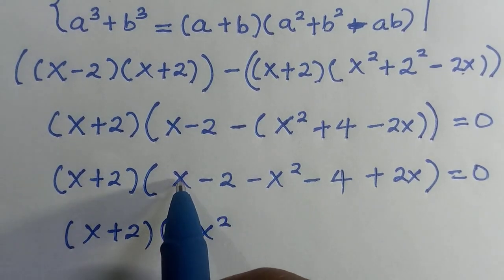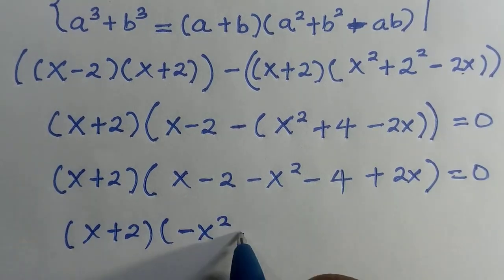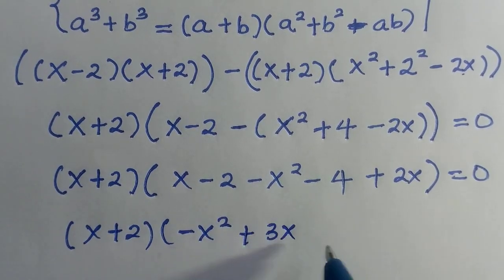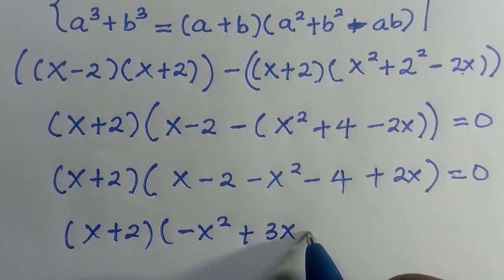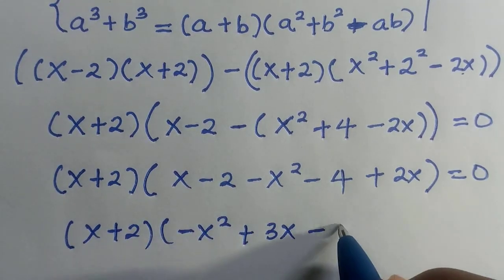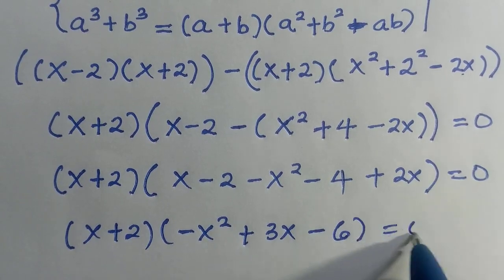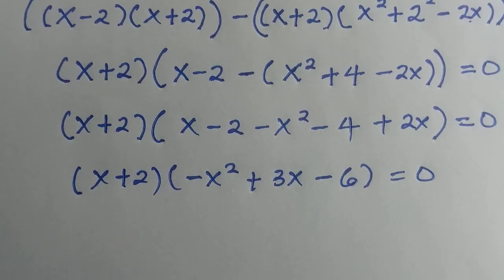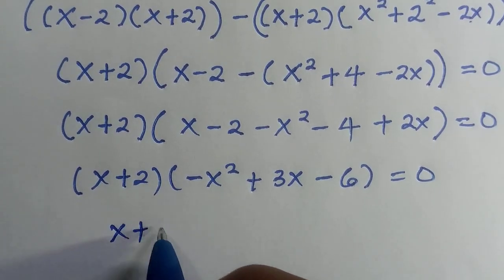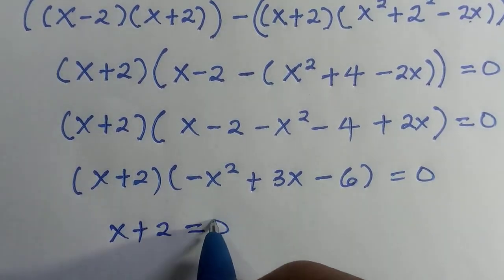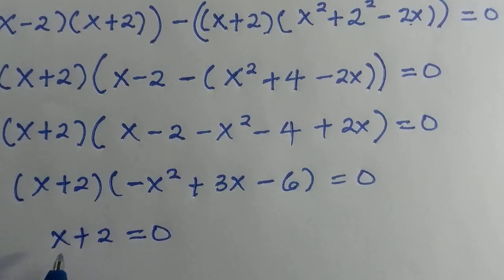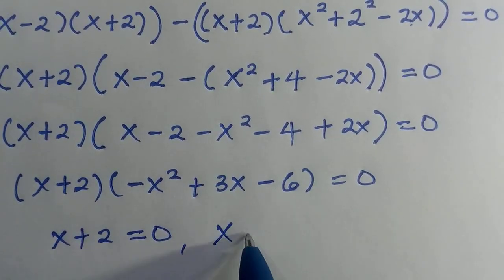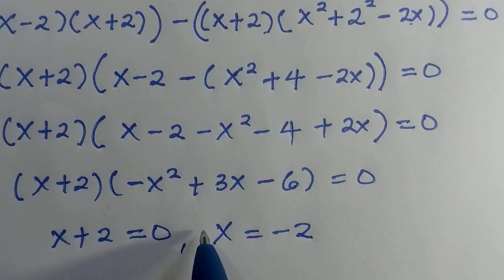So here is x plus 2x, that gives us 3x, and minus 2 minus 4, that gives us minus 6 equals 0. Then we are going to let the first one, which is x plus 2 equals 0, and from here we get x equals minus 2.